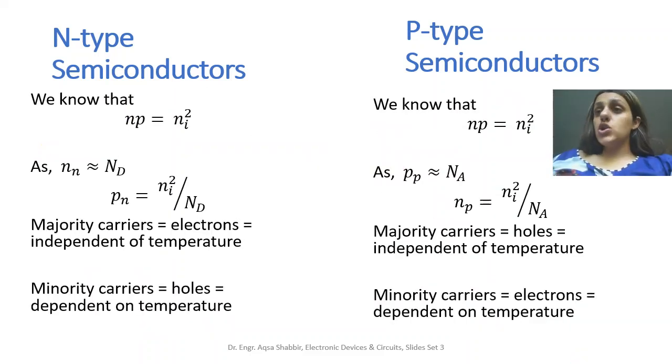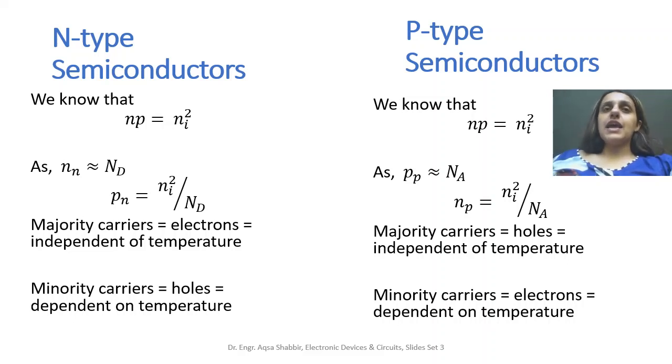Now we already know from our knowledge of intrinsic semiconductors that the product of N and P, the electron density and the hole density in an intrinsic semiconductor, is equal to Ni squared. Ni squared, or N intrinsic squared, is the density of electrons inside an intrinsic semiconductor squared.